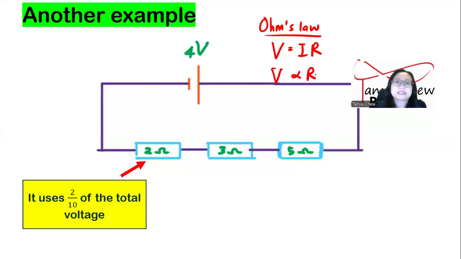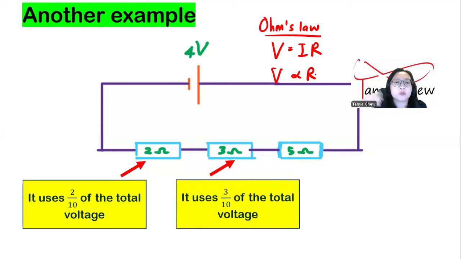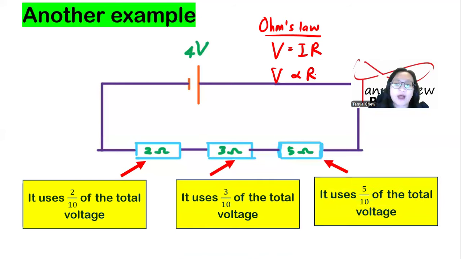So smaller resistance means smaller hindrance, smaller blockage. That is how you think about it. So passing through 3 ohm, it will use 3 out of 10 of the total voltage. And passing through 5 ohm, it will use 5 out of 10 of the total voltage.